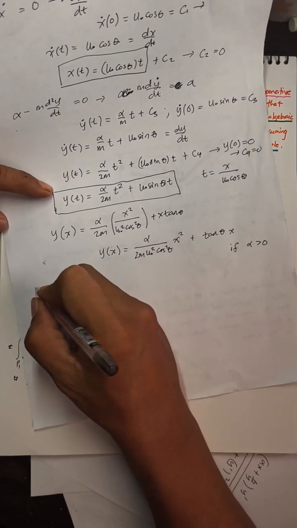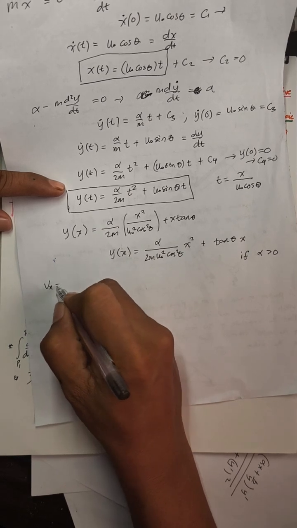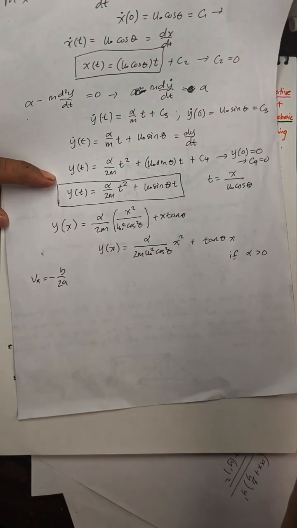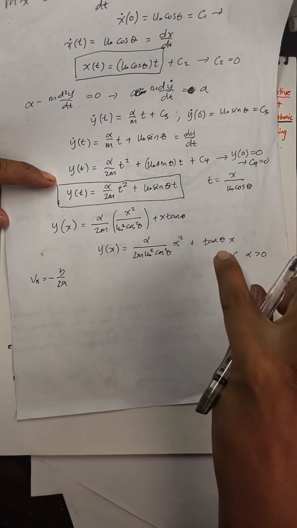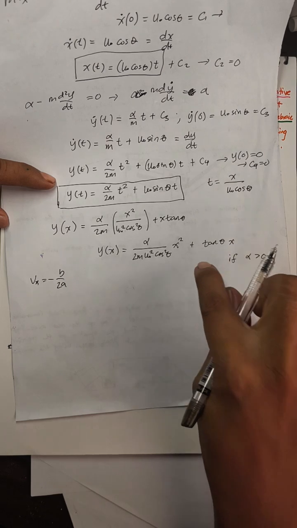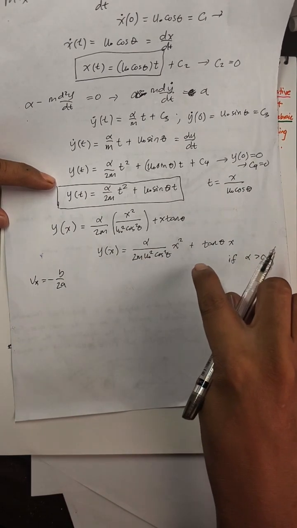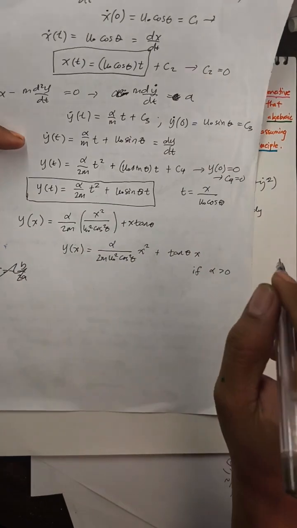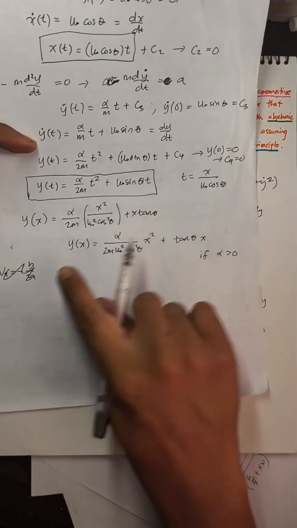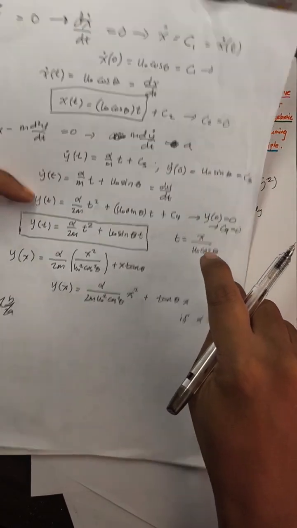The x component of the vertex would just be equal to minus b over 2a. So that would be minus tangent theta over 2a. Anyway, it's quite messy to solve that. You can solve the vertex on your own. I no longer have space here.